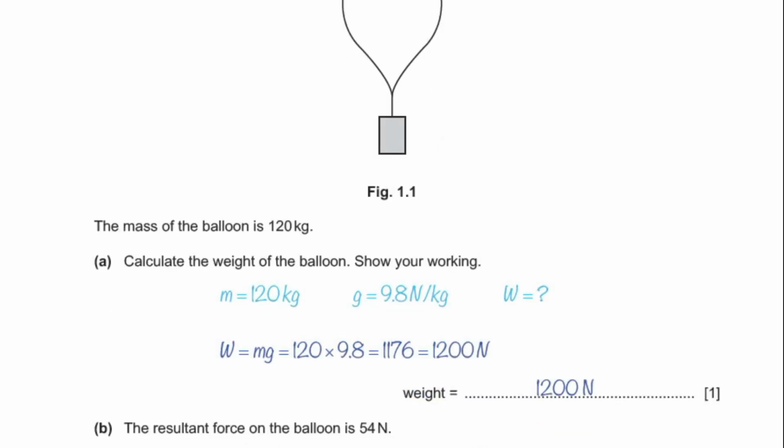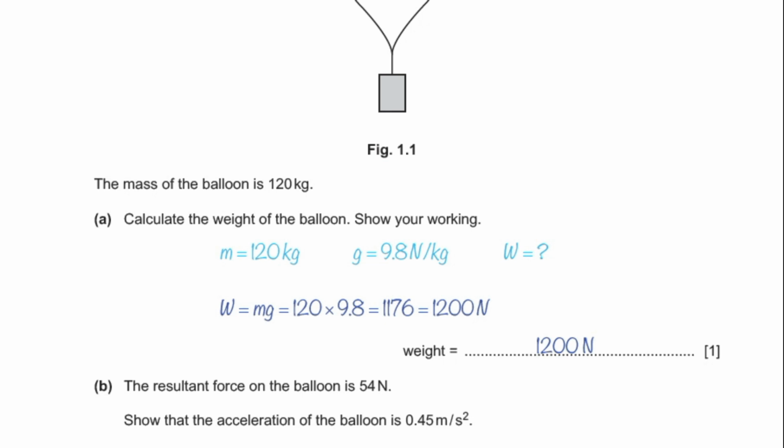Part B. Showing the acceleration of the balloon. We are given resultant force F equals 54 newtons. Mass m equals 120 kilograms. We need to show that acceleration a equals 0.45 meters per second squared.